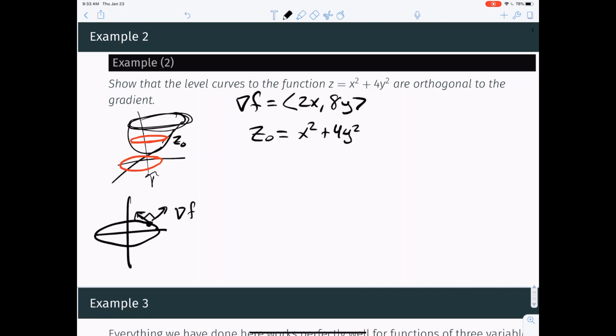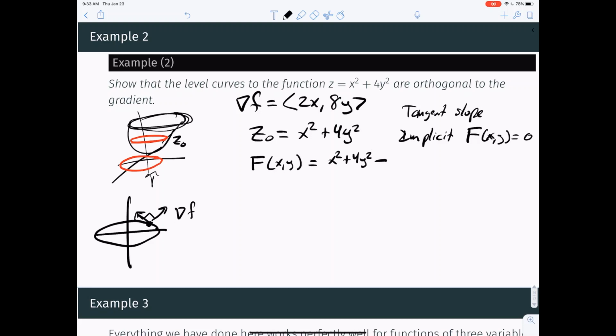But hopefully you recall from a previous section that you can write a function implicitly as some F of xy equals 0. So for example, capital F of xy is equal to x squared plus 4y squared minus your z0 value. Set that equal to 0. That implicitly defines that ellipse.